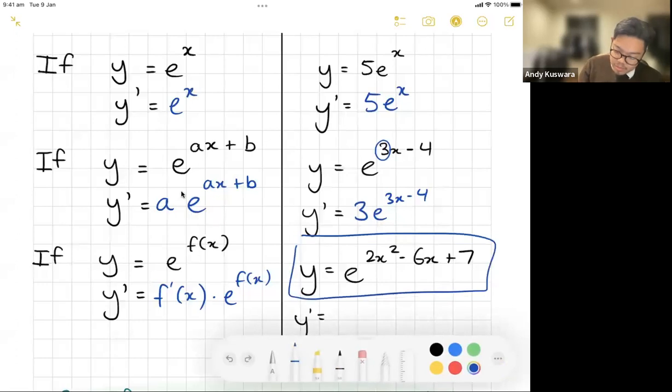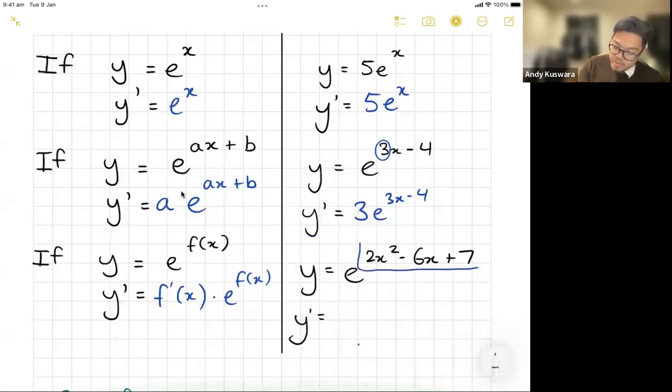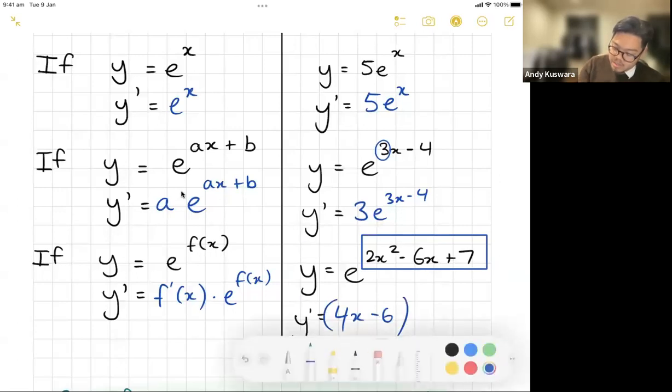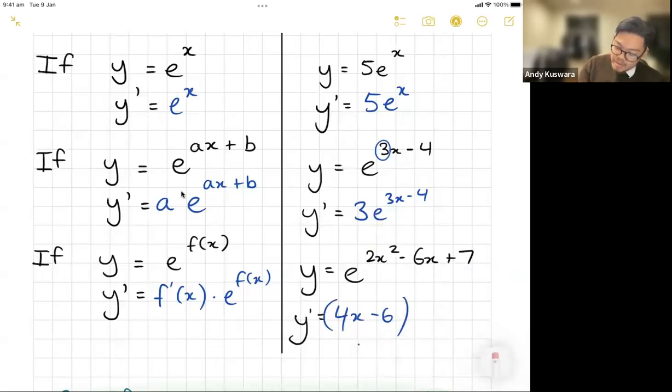To find my derivative, all I need to do is find the derivative of my function. I can see here that would be 4x take away 6. There's my f dash x. And then times it by the original, times e to the 2x squared minus 6x plus 7. And I would leave your answer just like that.